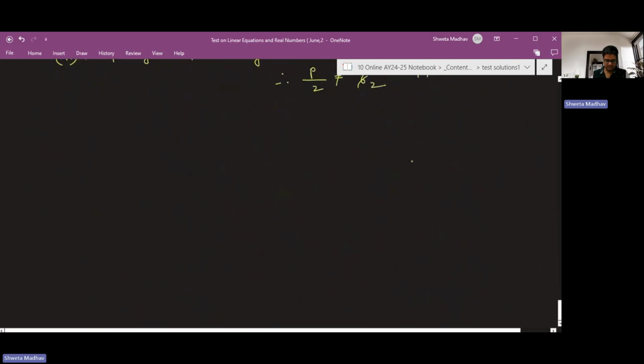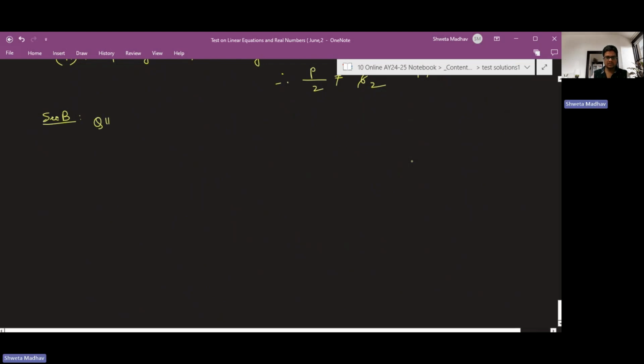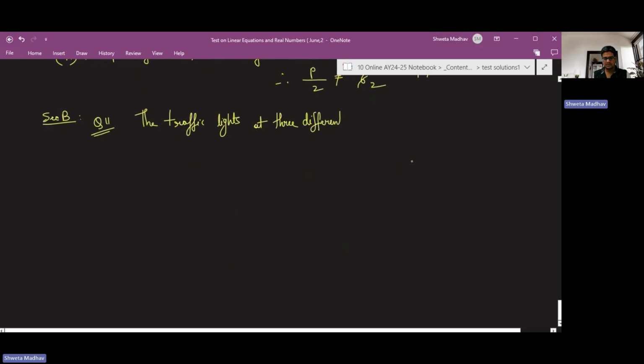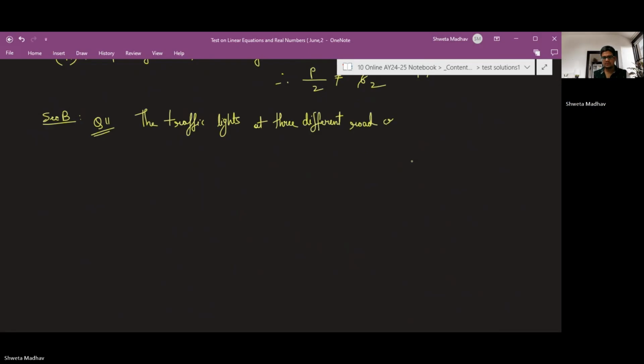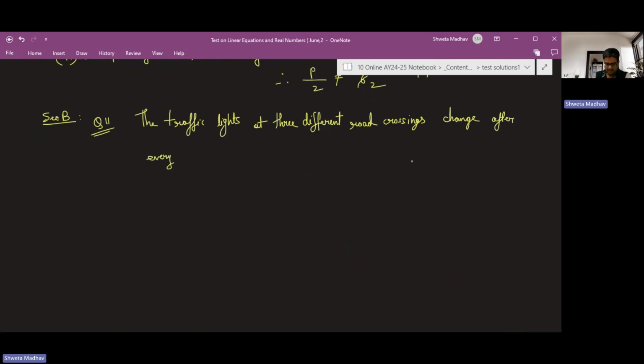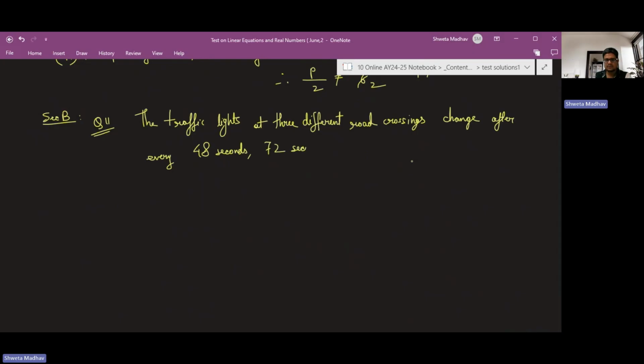Then question number 11, in section B, which is 2 marks each. In question number 11, it has been told that the traffic lights at three different road crossings change after every 48 seconds, 72 seconds, and 108 seconds respectively.